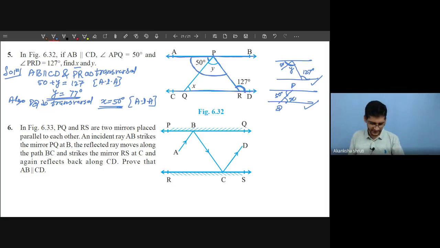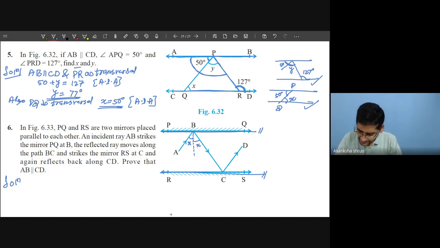Now students, question number 6. In this case, these are the two mirrors. This is parallel to this one. There is an important concept that for the ray of light, the angle at which it is incident will be the same as the angle of reflection. This is the perpendicular; if you consider this as x, then this will also be x.